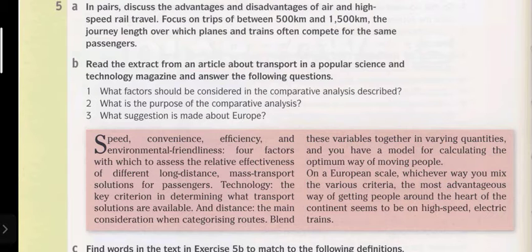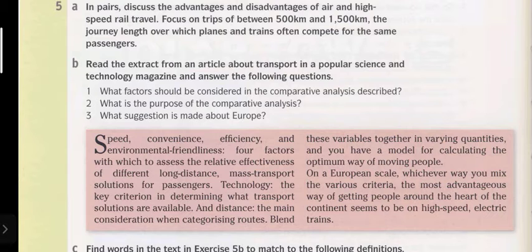Okay, so how about you try to answer the questions? Number 1, what factors should be considered in the comparative analysis described? Yeah, speed, which means السرعة, convenience, proceeding without difficulty, الملائمة, efficiency, the quality, الكفاءة, and environmental friendliness. هل المواصلات اللي احنا بنستخدمها دي بتضر بالبيئة ولا لا؟ Number 2, what's the purpose of the comparative analysis?